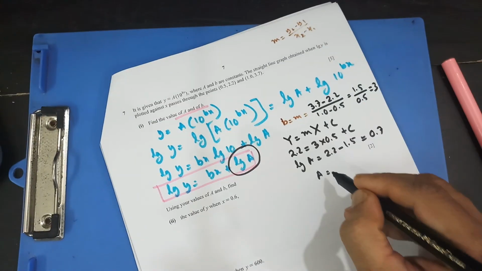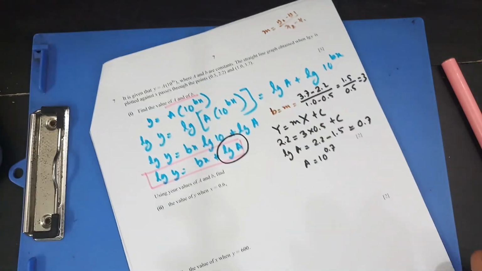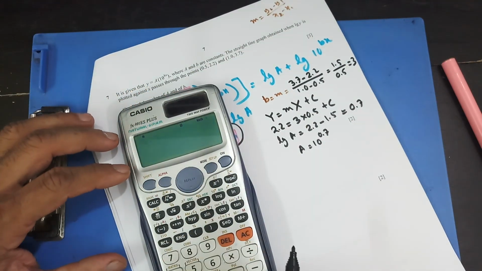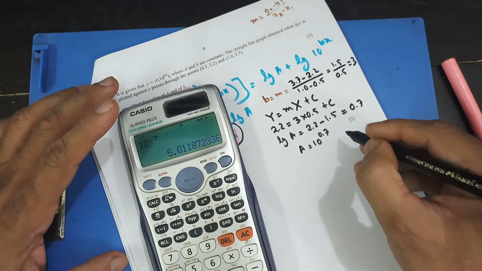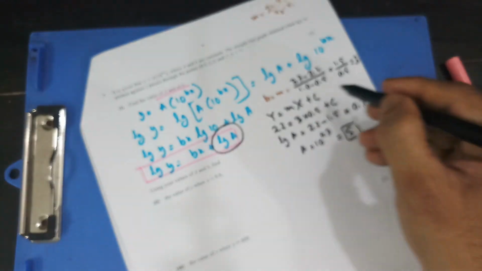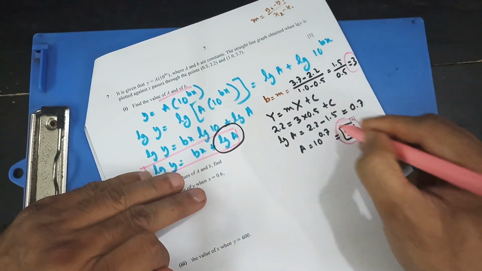Therefore a equals 10 to the power 0.7. You can keep it as it is, or if you want, it's going to be 5.011, or you can say 5. That's the value of b, and this is the value of a.